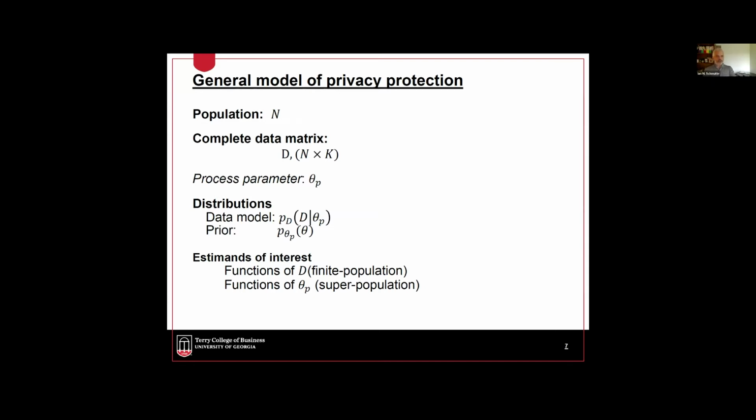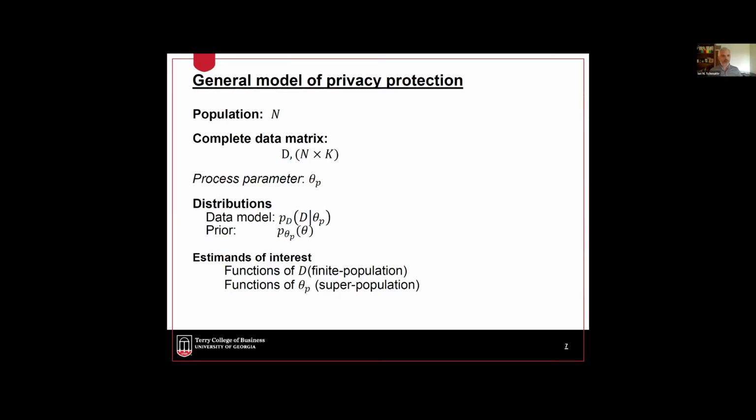And so I'm going to work through a very general model just to fix ideas. The idea here is that we can think about the statistical agency as having data that come from some population and is in possession of a complete data matrix.